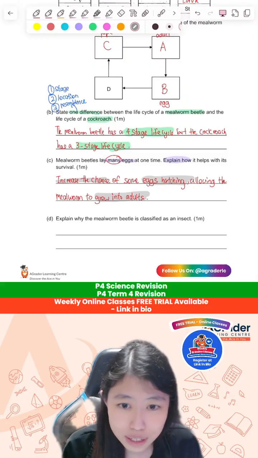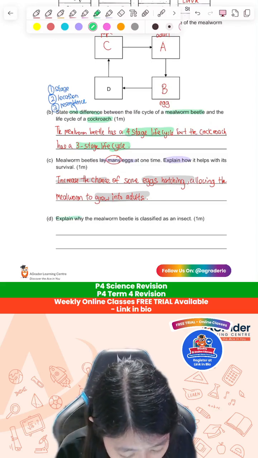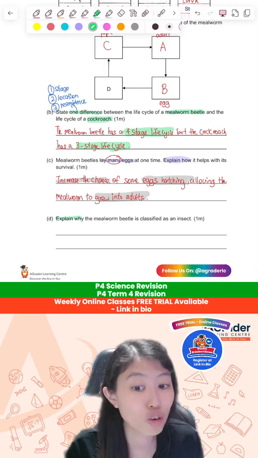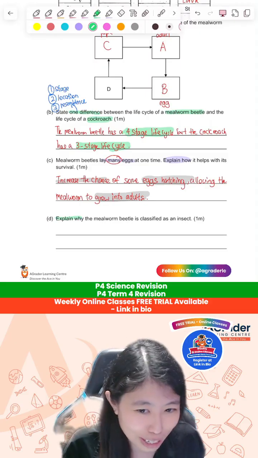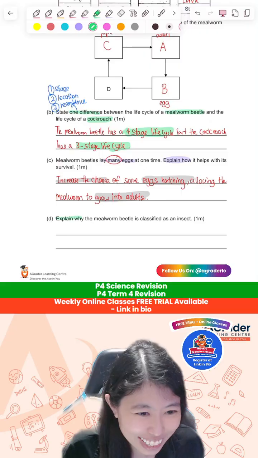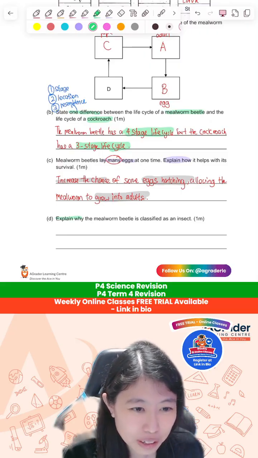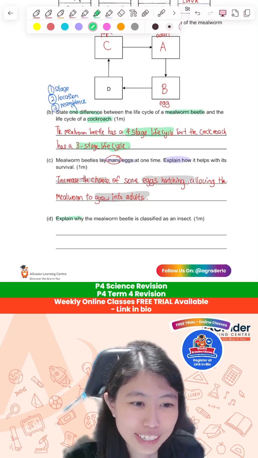For D, it is asking us to explain why the mealworm is classified as an insect. This one is very easy. This one is about the characteristics of animals and has nothing to do with the life cycle. How do I know whether it's an insect? Maverick, I'm very sure you know that it has so many legs.